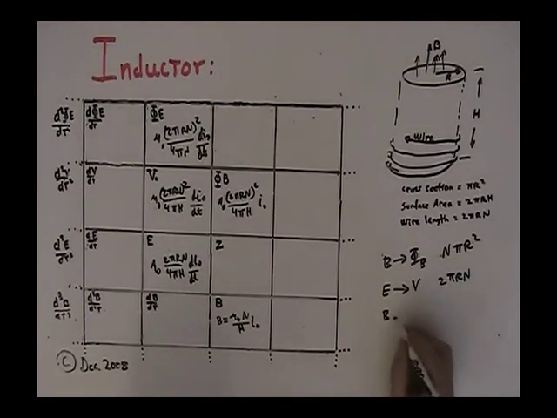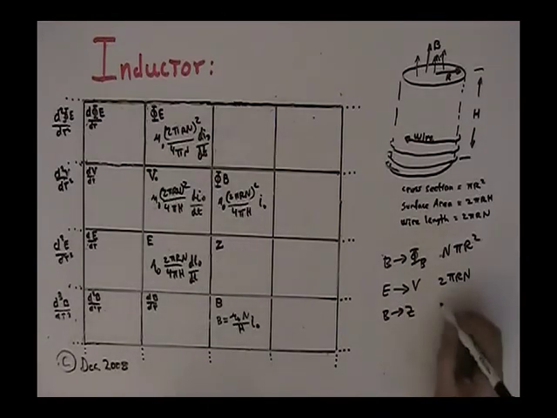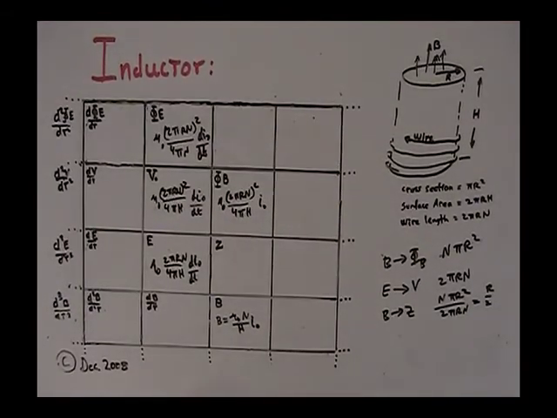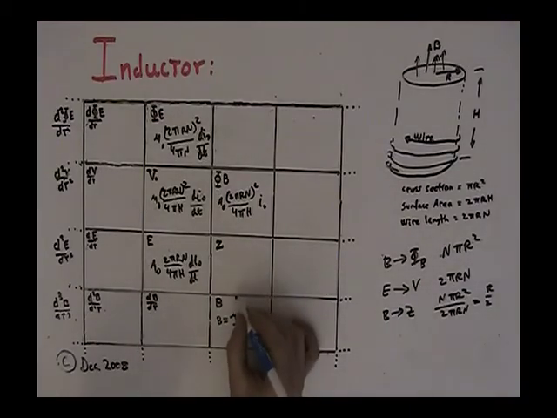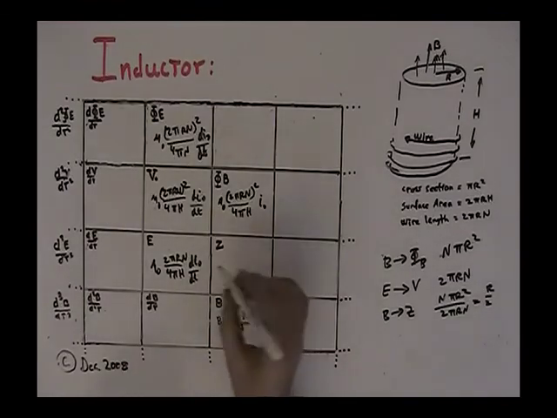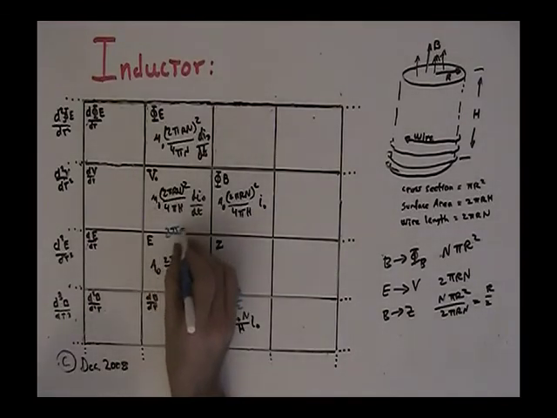And then the constants, again, when you take this constant, it goes all the way across here, mu naught 2 pi rn over 4 pi h. And here we have mu naught 2 pi rn over 2 pi rh and the q naught.